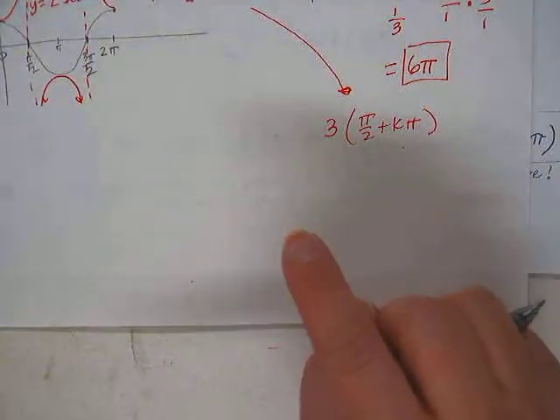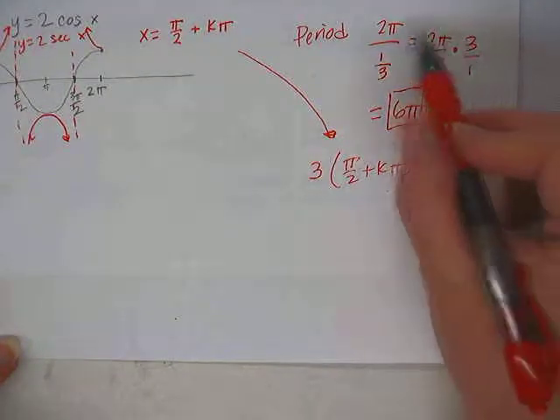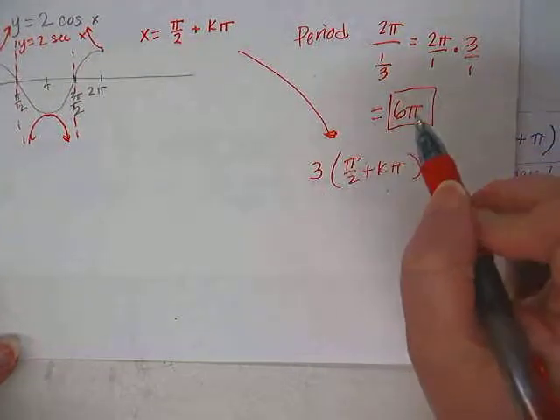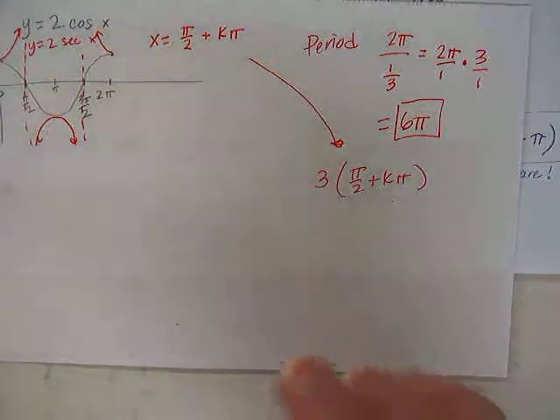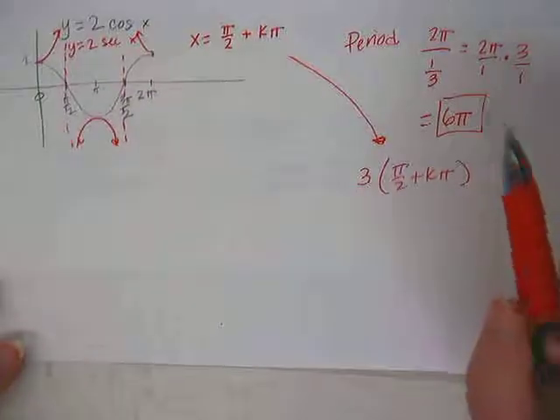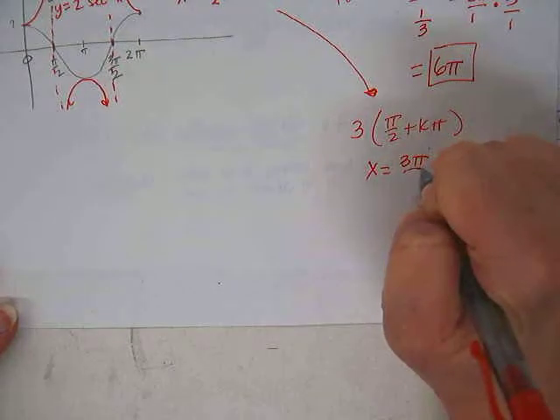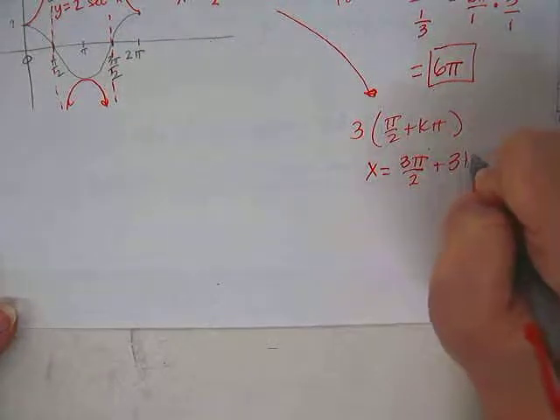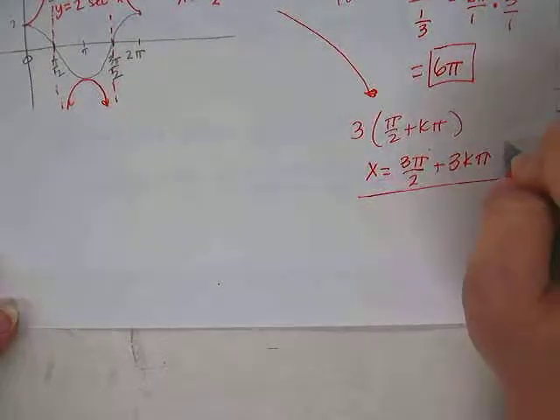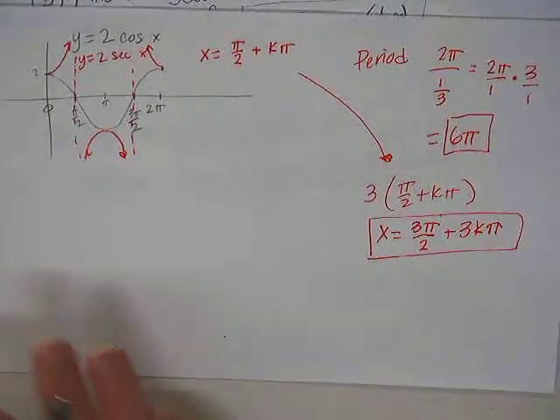But because of the 1/3 and the period being 6 pi, we have to multiply that answer by 3, just like we multiplied the period by 3, which is essentially dividing by 1/3. Does this all make sense? Multiplying by 3 means we're dividing by 1/3 because that's the number sitting right there. Okay, so we get x equals 3 pi halves plus 3k pi, and that's where the asymptotes are.